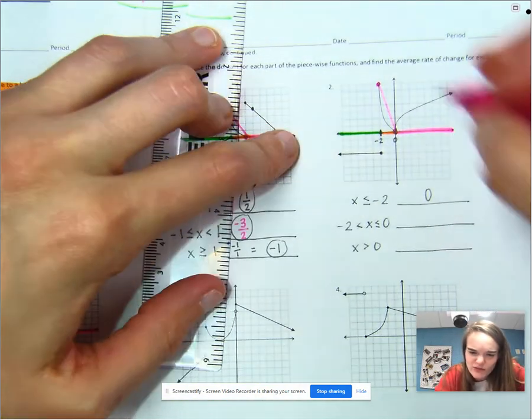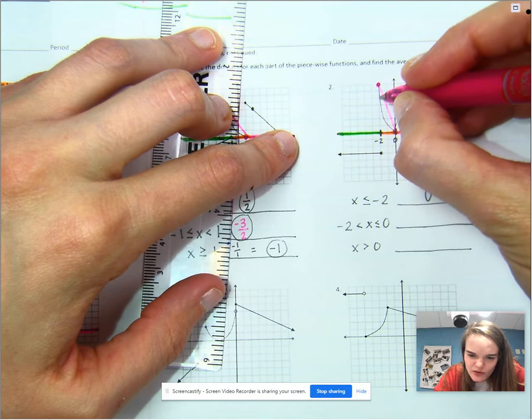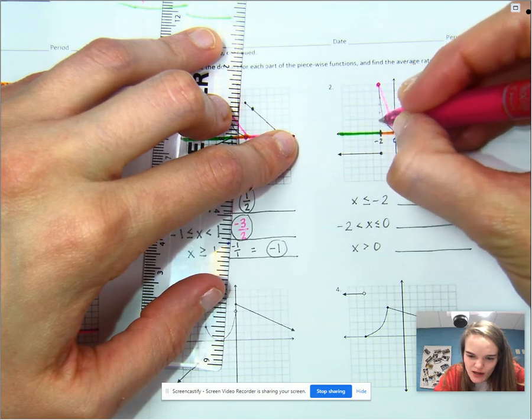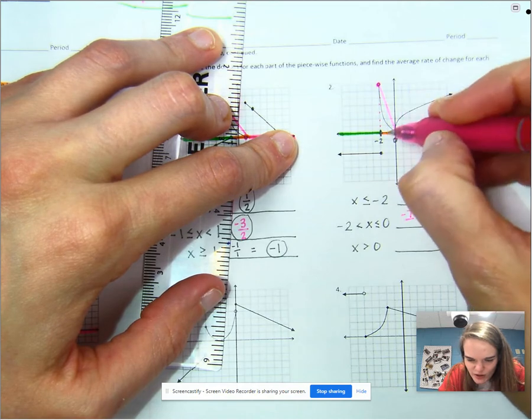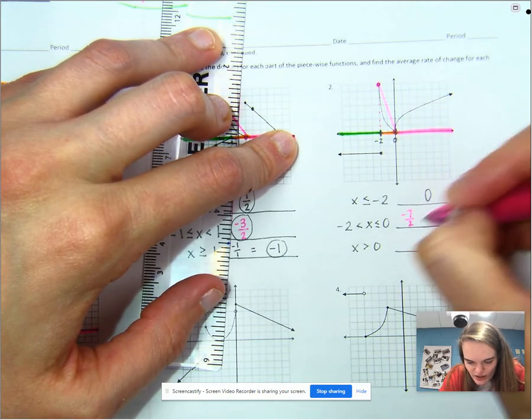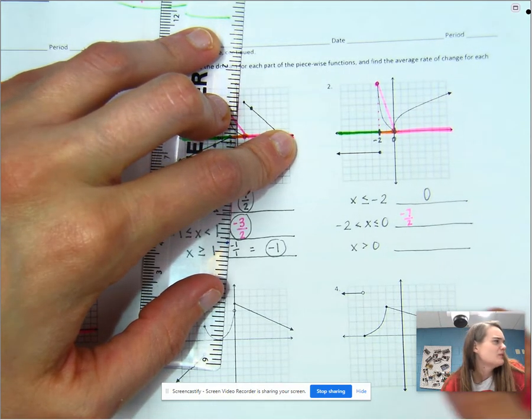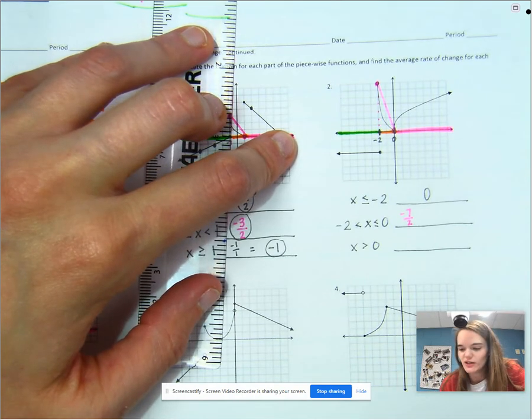Okay, the average rate of change, we're going down 1, 2, 3, 4, 5, 6, 7, and going over 2, and we're not going to reduce that. We could, it's negative 3.5, but we're not going to. So their average rate of change is negative 7/2.